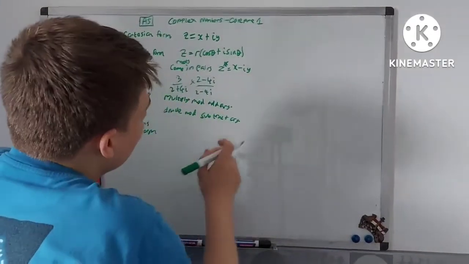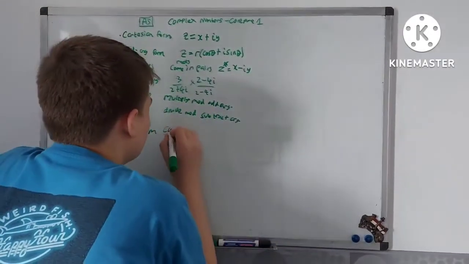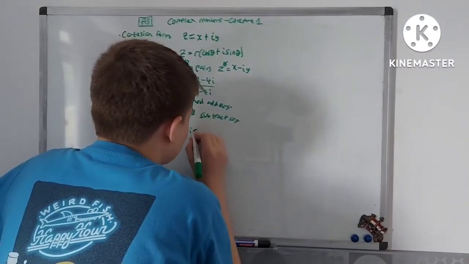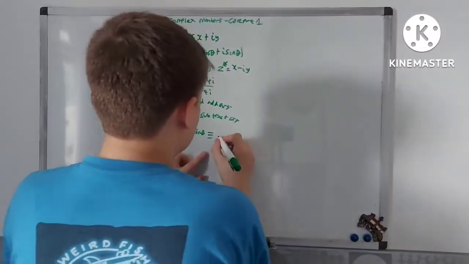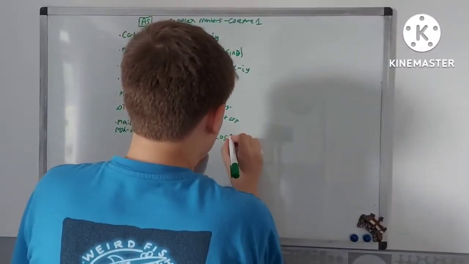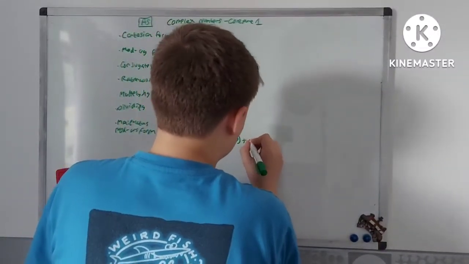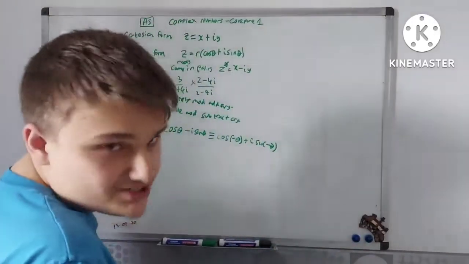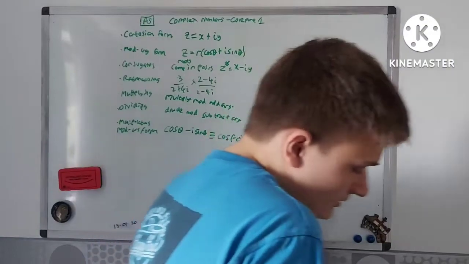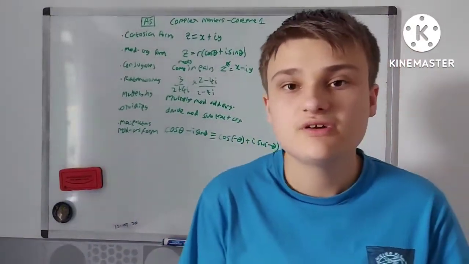Now, the multiplication of the argument form is when I've got things like cos theta minus i sine theta. The best way to deal with that is to write it as cos of minus theta plus i sine minus theta. That's the easiest way to get around it. That's your basic complex number theory for core pure 1.